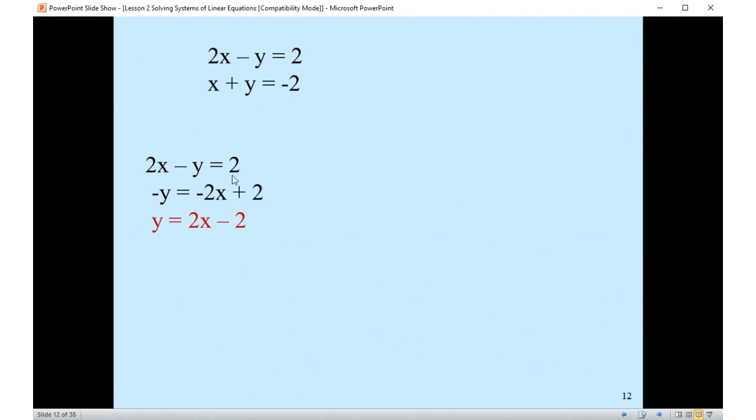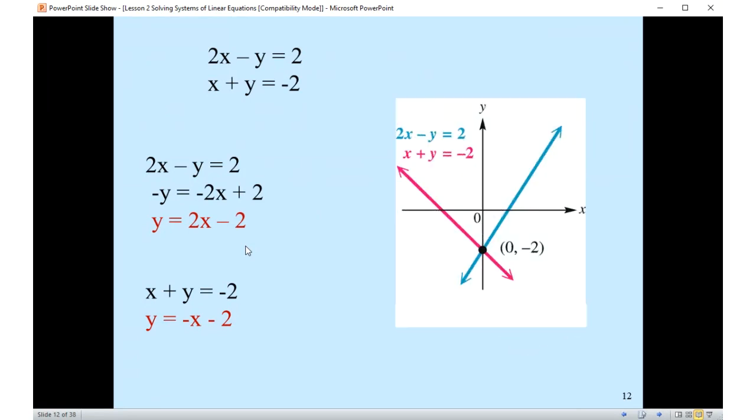So we're going to move the 2x over, and then we're going to change the sign of everything. So y equals 2x minus 2. In the second equation, we're going to also get y by itself. And then we're going to set the equations equal to each other, or graph them both.